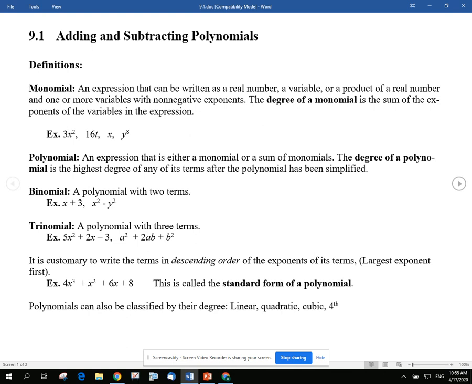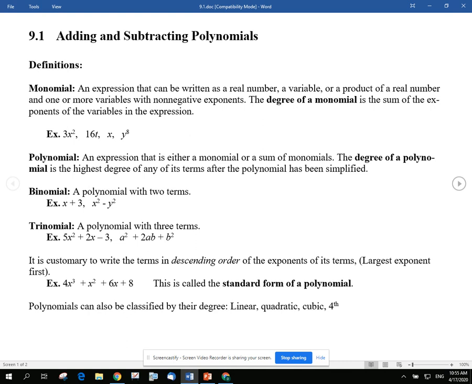Again, the prefix poly means many. So if it's more than that, we don't have words for those. If it's 4 terms, we'll just say 4-term polynomial. If it's 19 terms, you better hope I don't give you a problem like that. But if it's 19 terms, we would just say a 19-term polynomial.